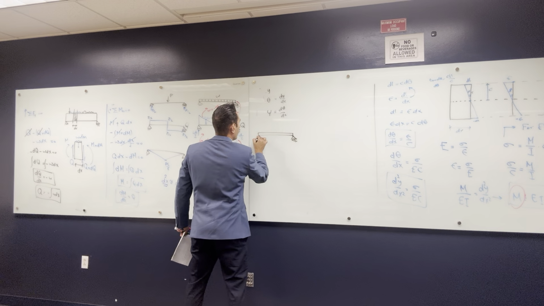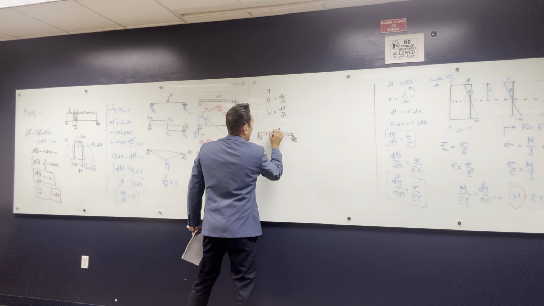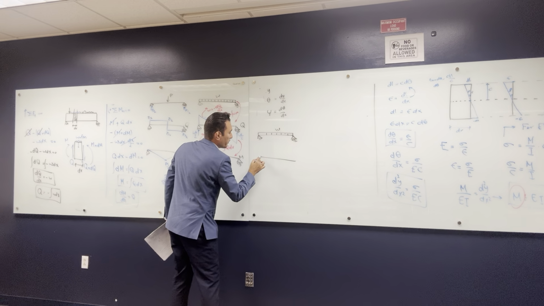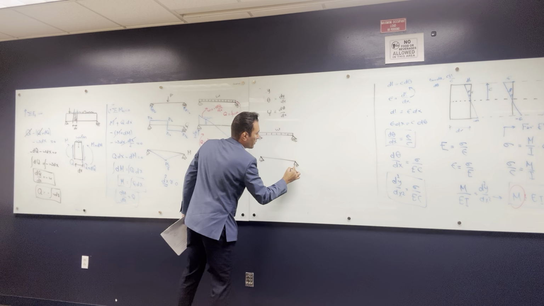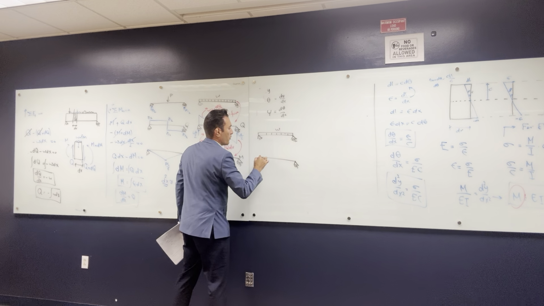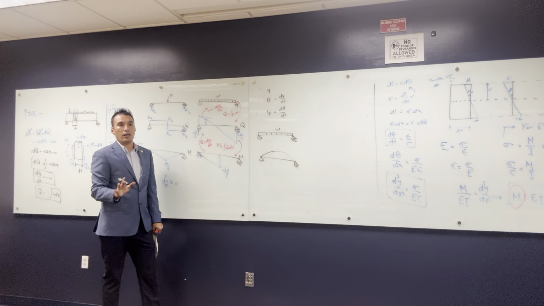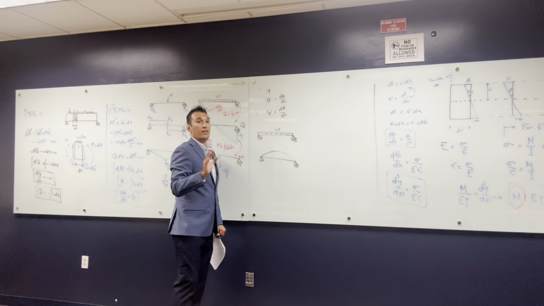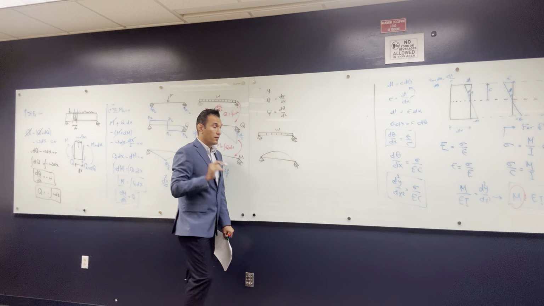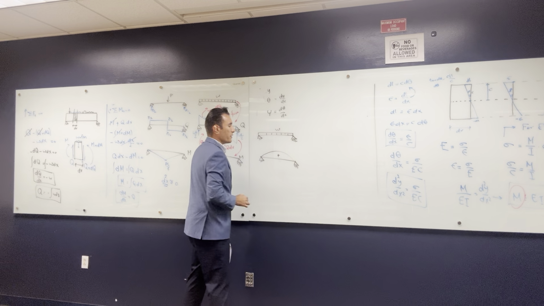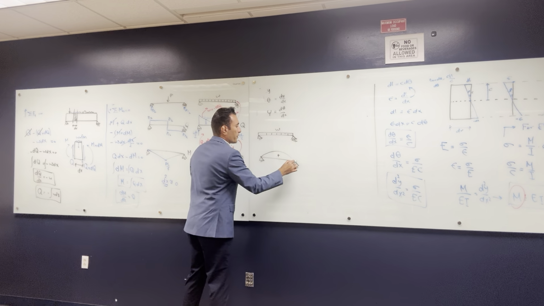It has a load W. When you draw the bending moment diagram, let me draw the positive going up. You can put it up or down, whatever you would like, but just make sure which is positive or negative. I put positive like this, and that's the bending moment diagram.